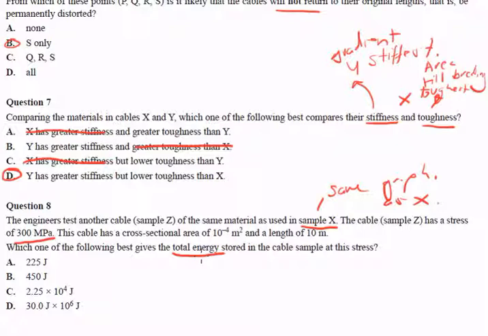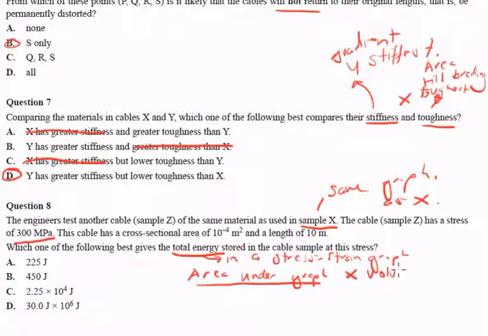Alright, when we're looking for total energy in a stress-strain graph, the way you work it out is area under graph times volume of the sample.